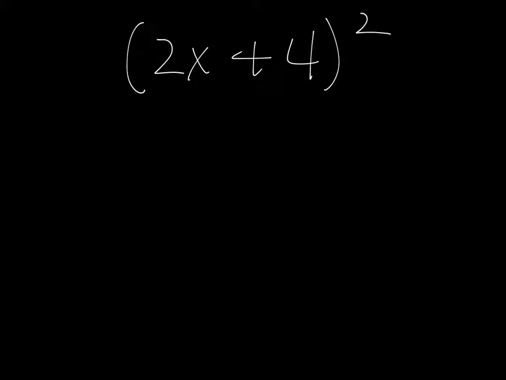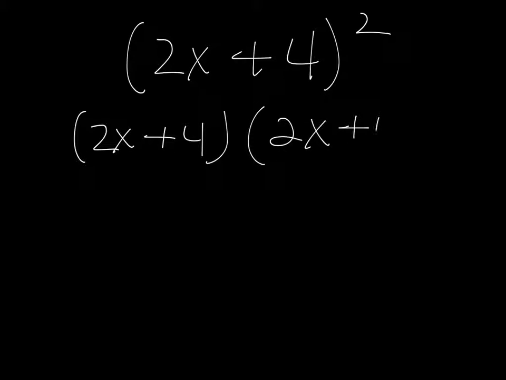So if I gave you this problem, 2x plus 4, quantity squared. Go ahead and try that problem, pause the video, and then come back and let's make sure we get the same answer. Okay, again, you have to remember this is really 2x plus 4 times 2x plus 4. So when you FOILed it, this is what you should have gotten. 2x times 2x is 4x squared.